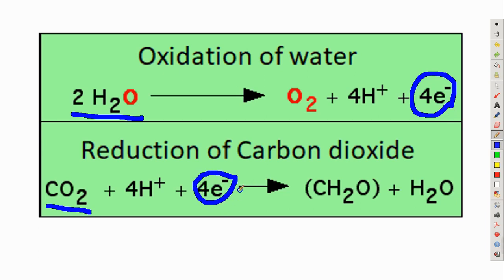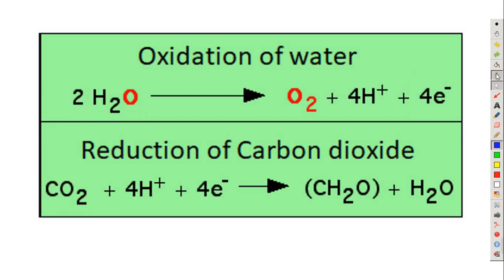The experiment we're going to have a look at today is a proof that these oxidation and reduction reactions do occur. It's thanks to this experiment, the Hill reaction, that we know that reduction and oxidation occur. That was for the recap.